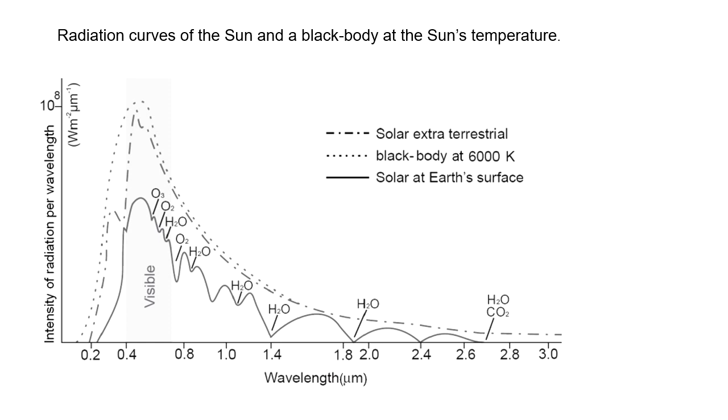As you move from shorter to longer wavelengths, the intensity decreases, and this decrease is because of the absorption by different gases, especially moisture.